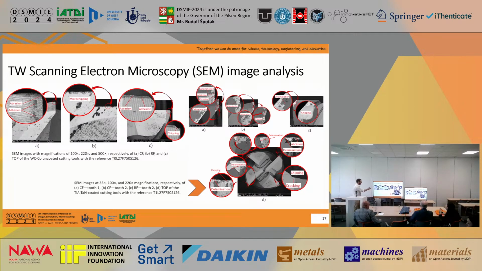Mainly in the coated tools on your left, abrasion, adhesion, and microchipping were the main phenomena of tool wear seen. For the coated tools, the lamination of the coating was also seen, mostly due to the LC2 adhesion force, which was below 50 Newton.